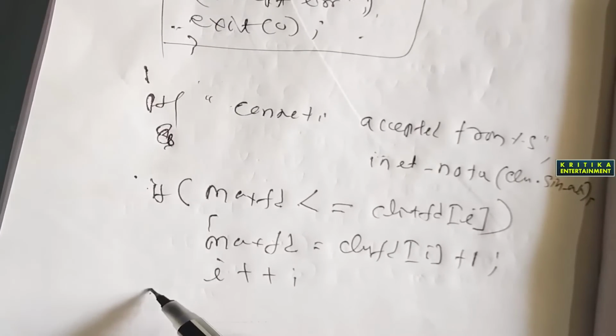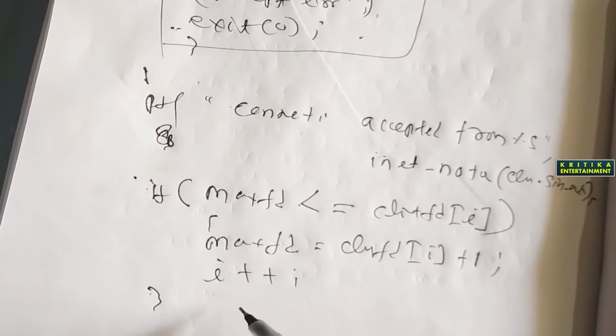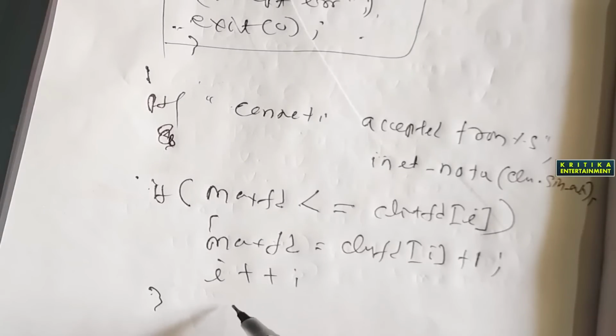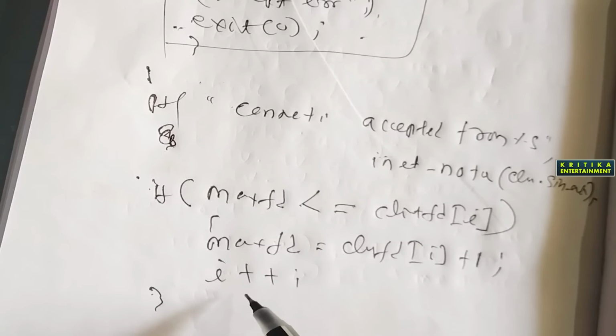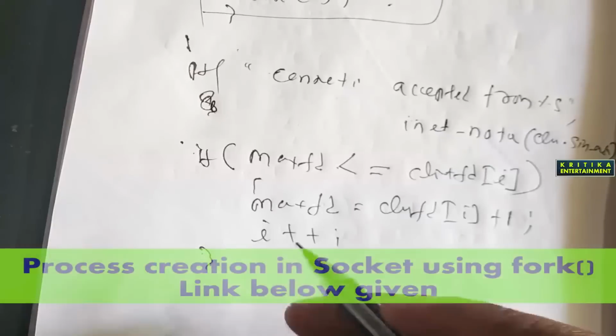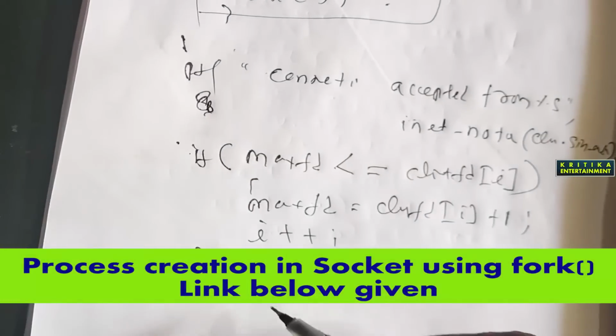Then I will close this. This is the use of the accept function for this FD. I will close this; two brackets will be there.